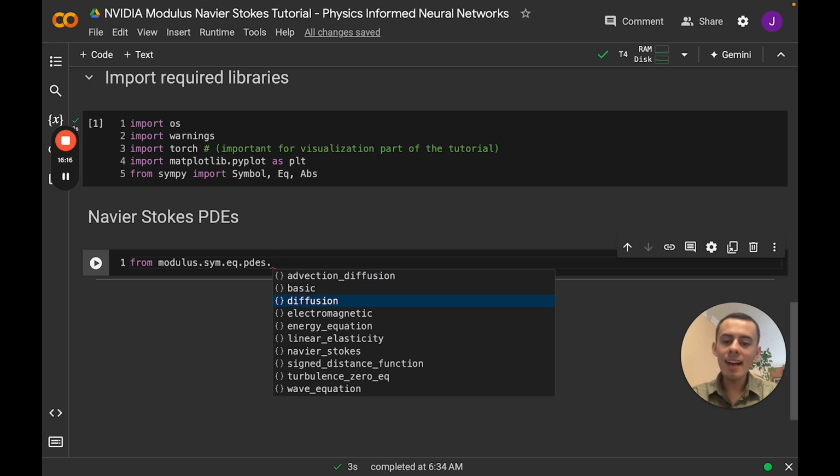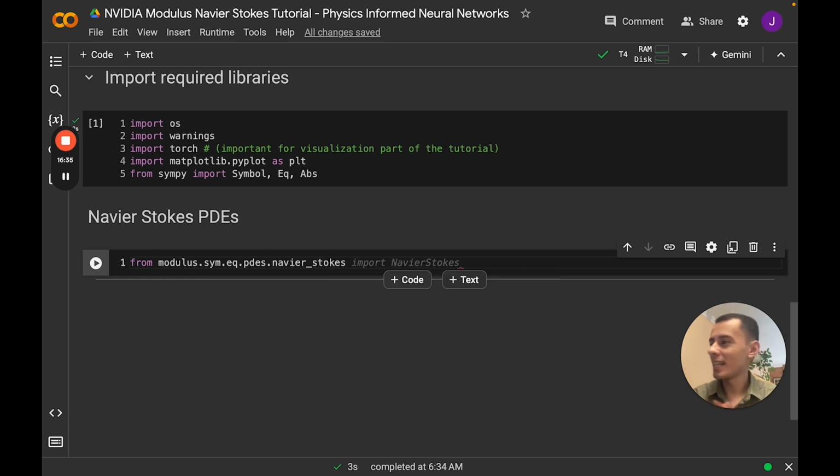We can find a number of famous partial differential equations already defined for us. If you are working on a problem that is not here, then obviously you need to define it yourself with SymPy. But in this case, the Navier-Stokes is famous enough, so we have it here. So we import Navier-Stokes, right?